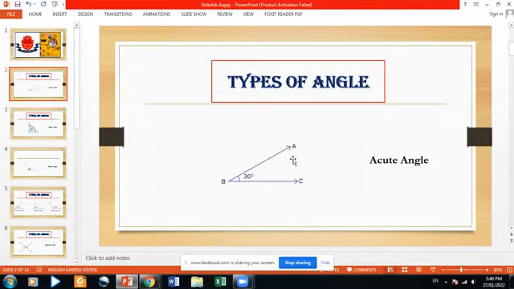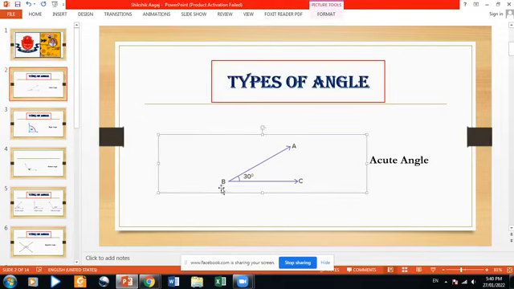So how to read this acute angle? Angle A, B, C, because B should be in between. B is the origin, B is the middle point. So we can read this angle as angle ABC or angle CBA, but not like BCA, never.